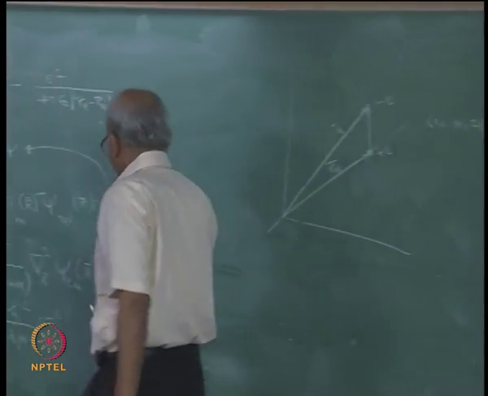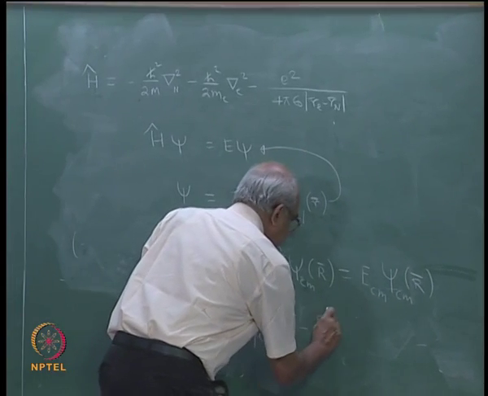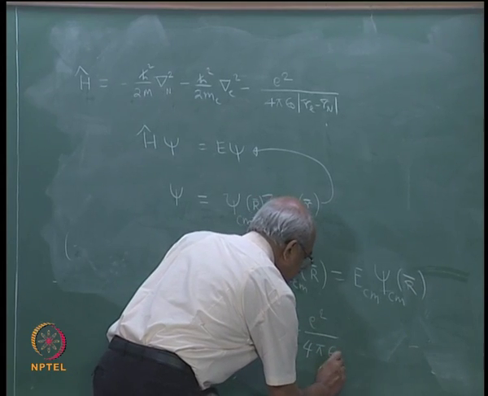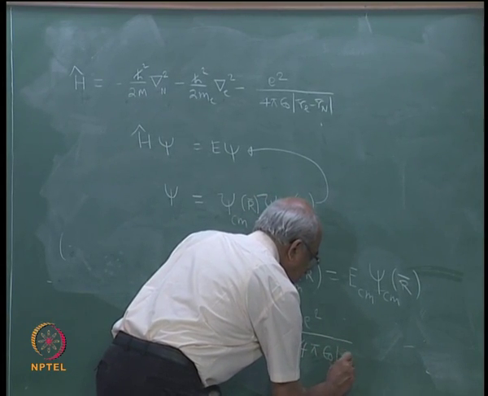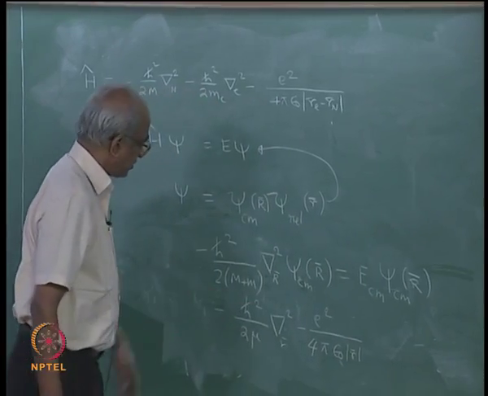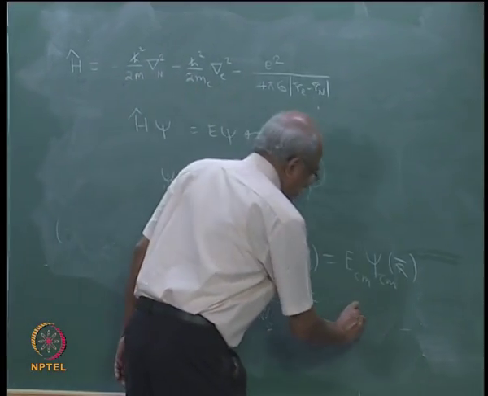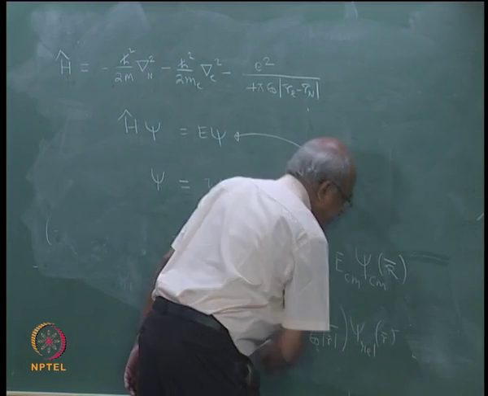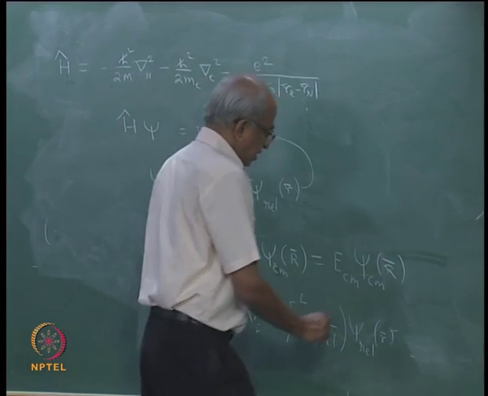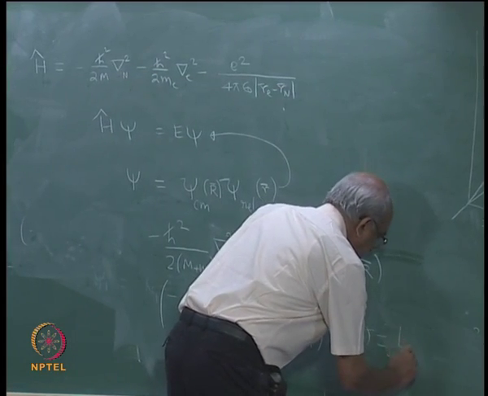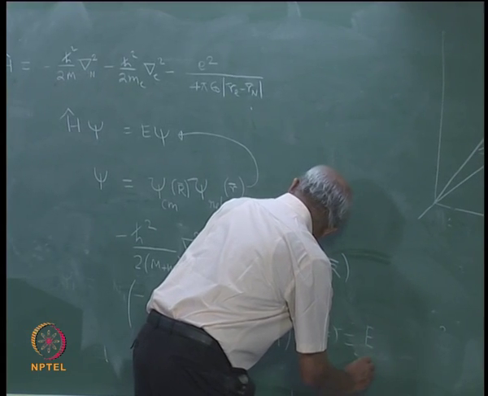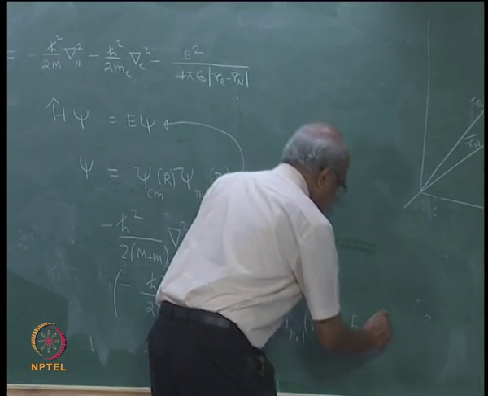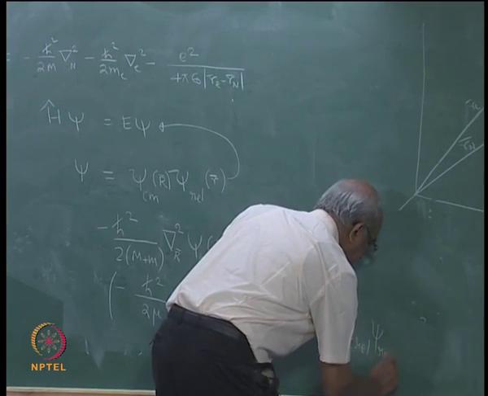So, therefore, you will have minus e square divided by r, that is the potential energy, and the whole thing operating upon psi relative, which will depend upon r, and that must be equal to E relative into psi relative r.